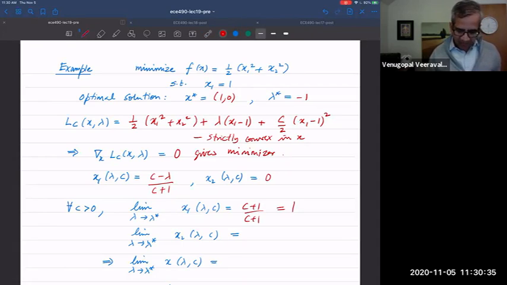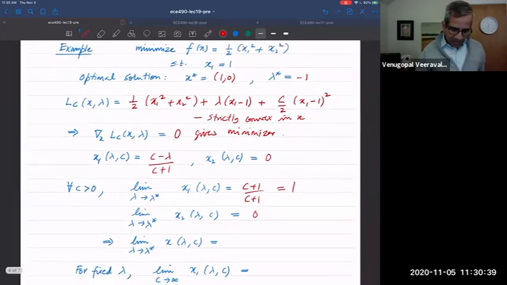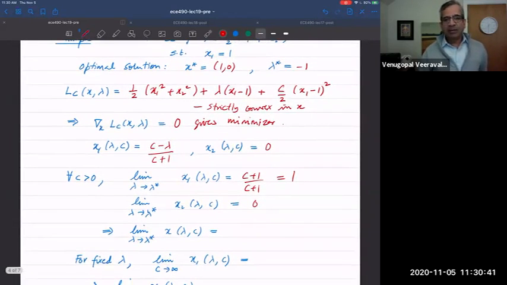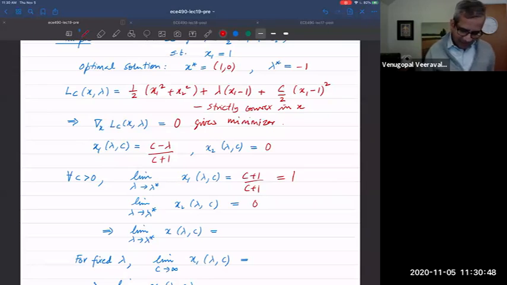And of course, x2 is always 0, so that's just 0. In this case, the threshold C bar is just 0. As long as C is bigger than 0, you're guaranteed that as you approach lambda star, for any fixed positive value of C, x of lambda C will go to x star.